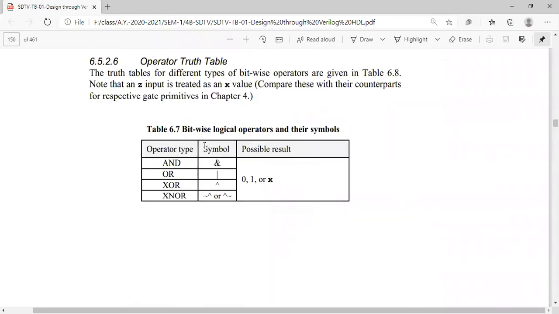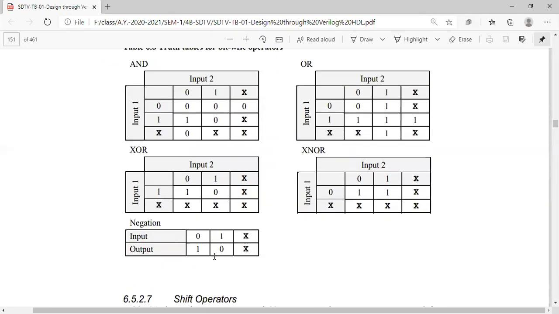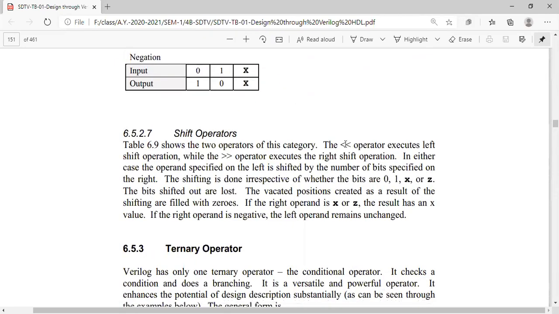So these are the bitwise logical operators. Here in this case we have not used Z in the input values. We have treated that Z also as an X value. Then we have shift operators. We have two shift operators, one is right shift and the other one is left shift.